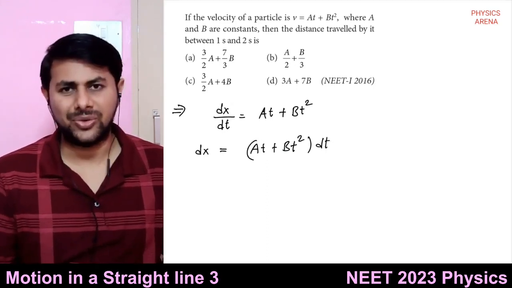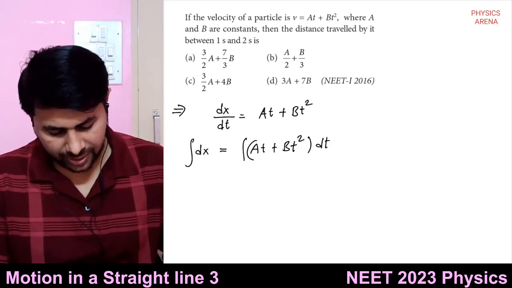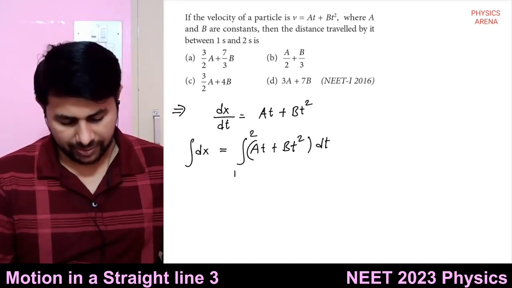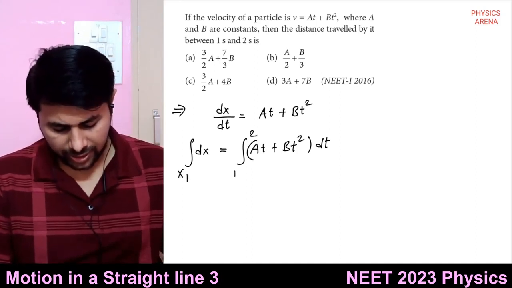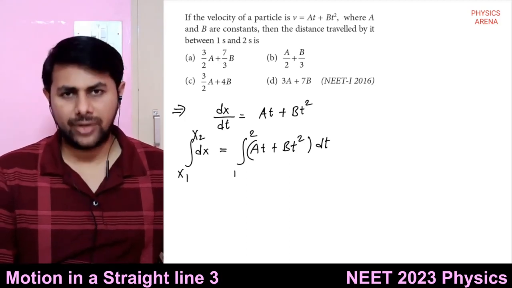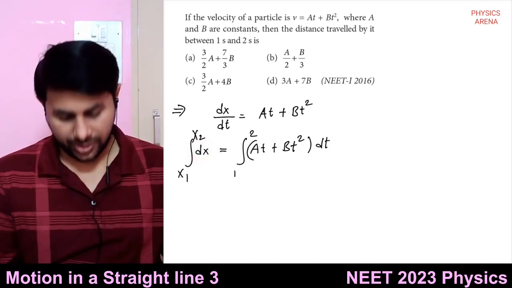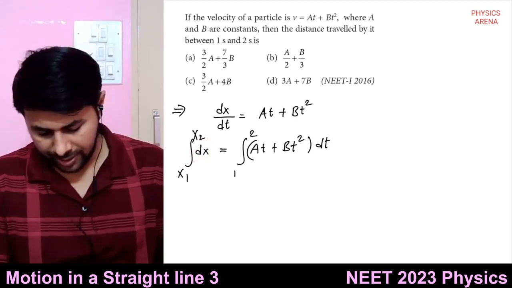You are multiplying with dt on both sides, and then you take the integral from 1 to 2. So time is changing from 1 second to 2 seconds, and position is changing, suppose, from x1 to x2. So the integral of dx will give you the change in position. The integral of dx is x.